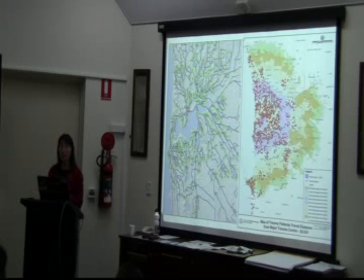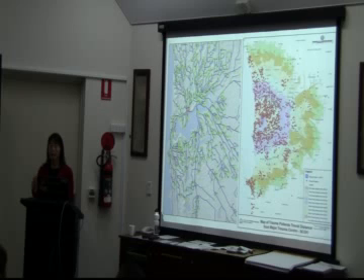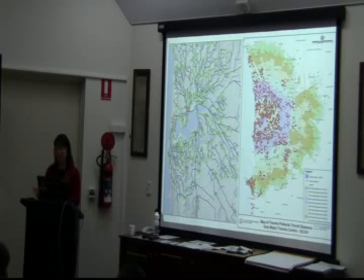The map on the right derives the travel distance by road, like a 5 kilometer travel distance. So we can see that most of the patients can get to the major trauma center in the metro area in time.